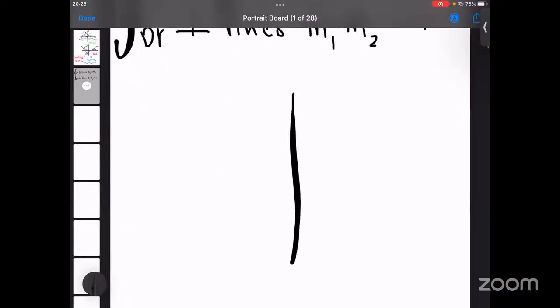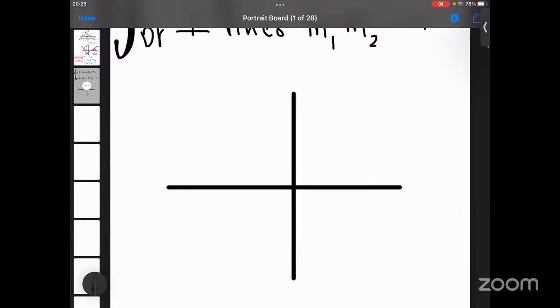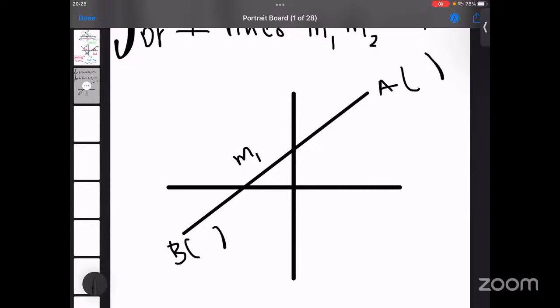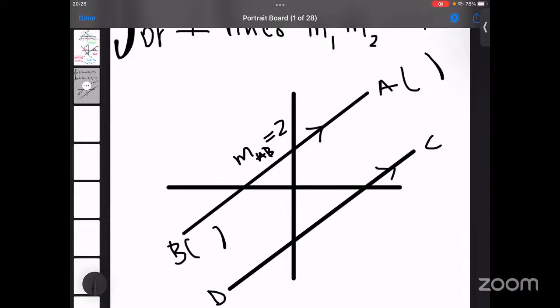To explain this on a Cartesian plane: if we have a line with two points, and we use those coordinates to calculate the gradient, and we find that the gradient of line AB is equal to 2, and we have another line that is parallel, then we know the gradient of line AB is parallel to the gradient of line CD. That means they have the same or equal gradients. I'm not sure if I'm losing you here, Langlitley.